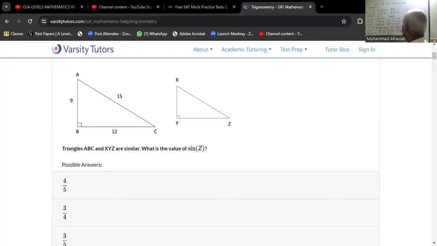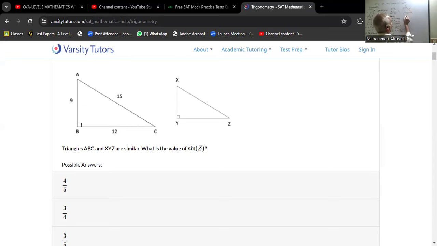One is triangle ABC, where AB length is equal to 9, this side is equal to 12, and this is equal to 15.